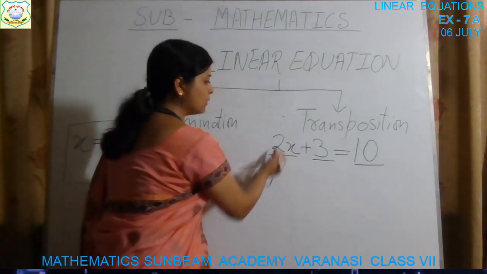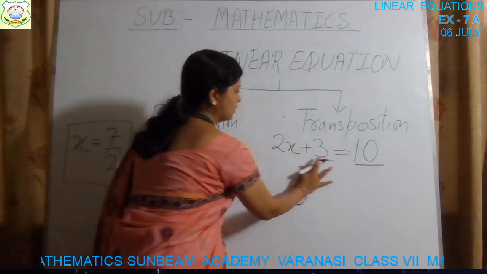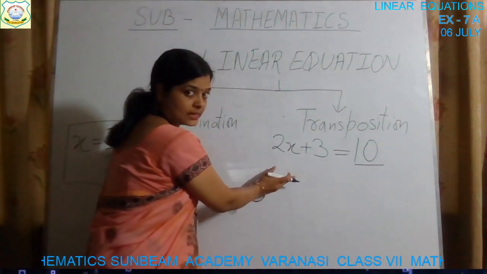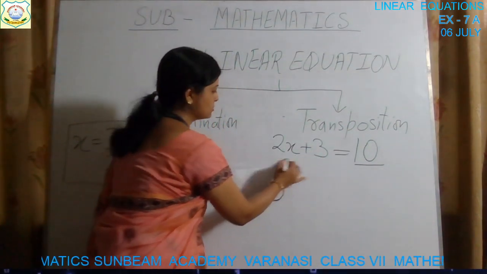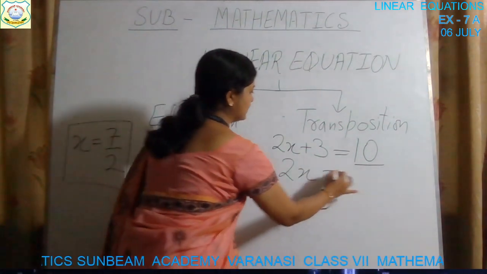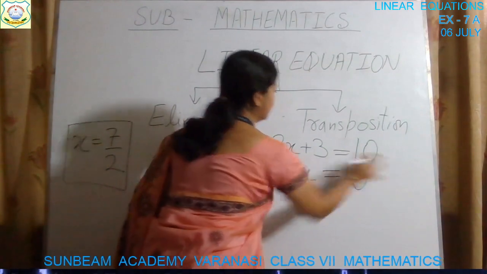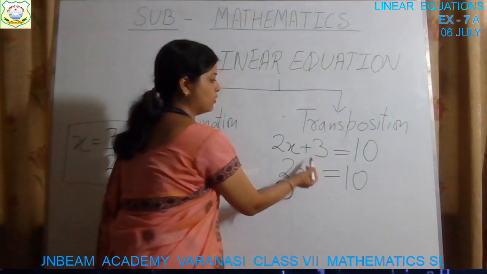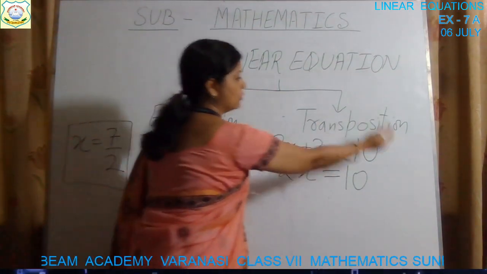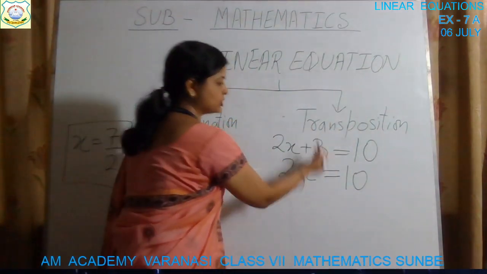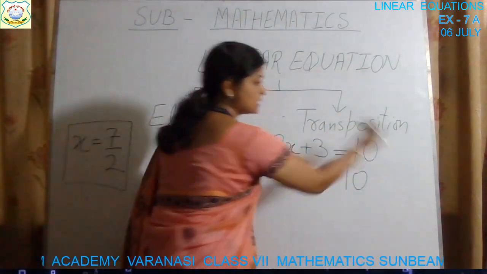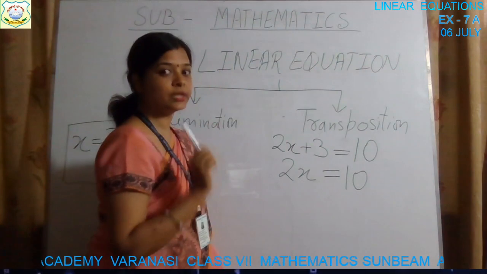So there are 3 terms and I am separating the constant term on one side and the variable term on one side. So children, 2x is already on this side, on the left hand side. So write down 2x, that is equal to 10. Now when you transpose 3 to RHS, when you shift this 3 to RHS, its sign will change.